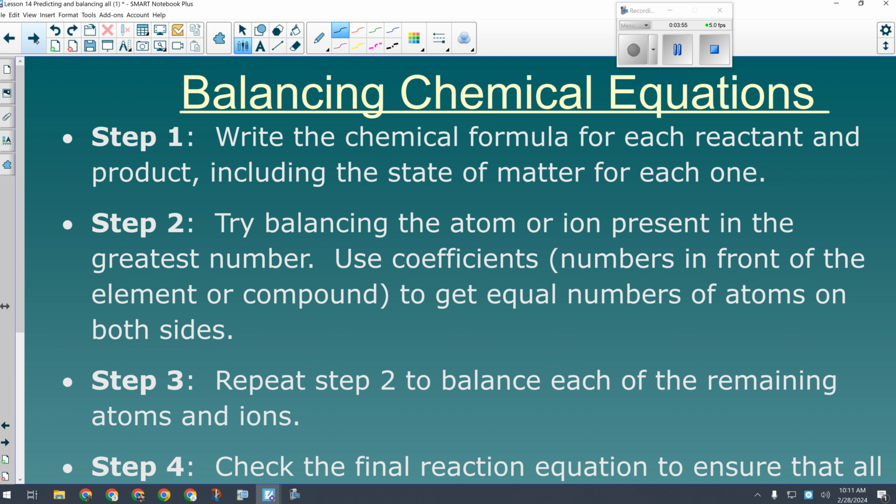So if I've got 8 sulfurs and everything else is like a 2 or a 1, I start with 8, I put in the 8 and I start balancing from there. It's always best to go with your biggest number because it's usually going to influence the other ones. And if there's a tie, then we go with the bigger charge. That's the tiebreaker.